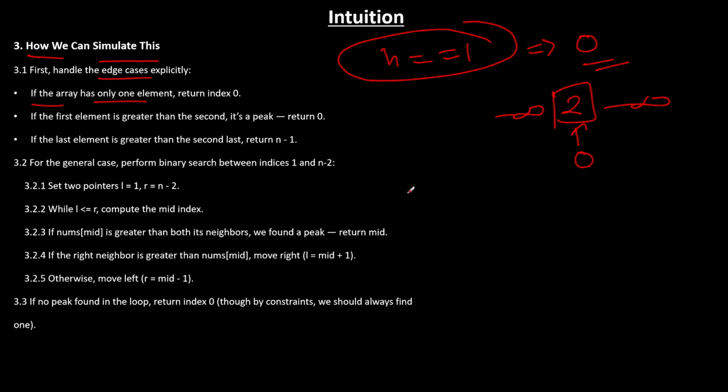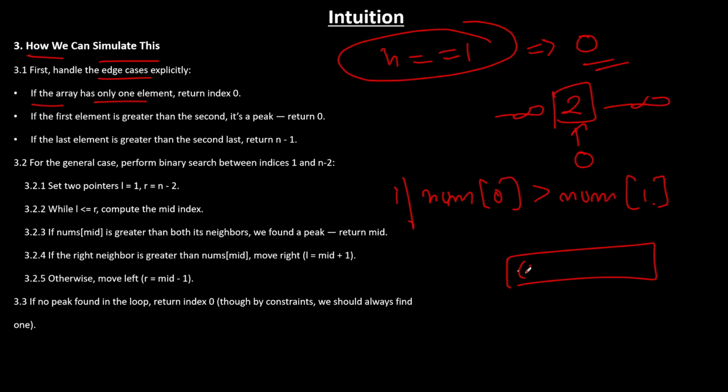And the second edge case is if nums of 0 is greater than nums of 1. Suppose nums of 0 is 6, here it is 2, and here we know it is minus infinity. If nums of 0 is greater than nums of 1, 6 is greater than 2, true, therefore we will return 0.